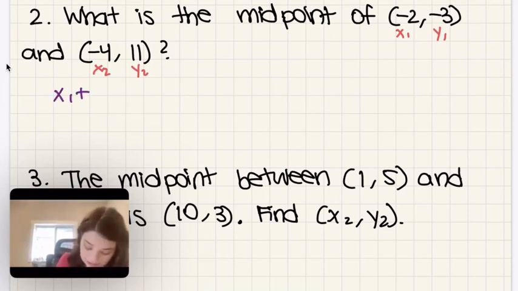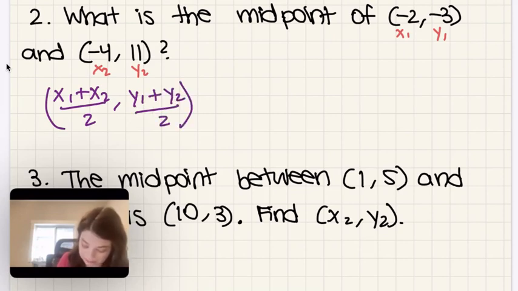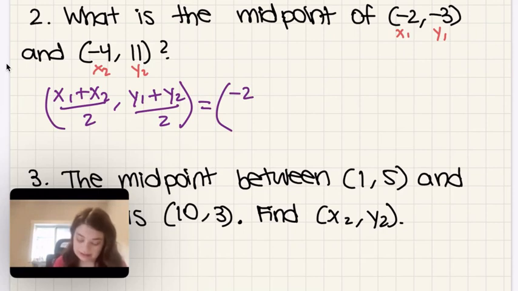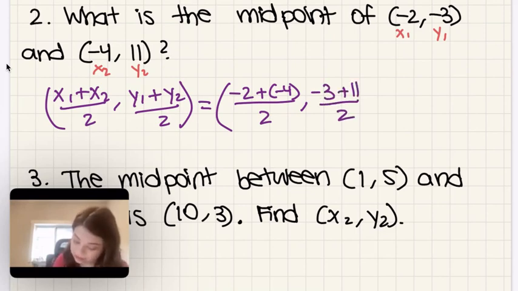So x1 plus x2 over 2, comma, y1 plus y2 divided by 2. Let's plug in our numbers. x1 is negative 2, x2 is negative 4, so negative 2 plus negative 4 divided by 2. And y1 is negative 3 plus y2 is 11 divided by 2.